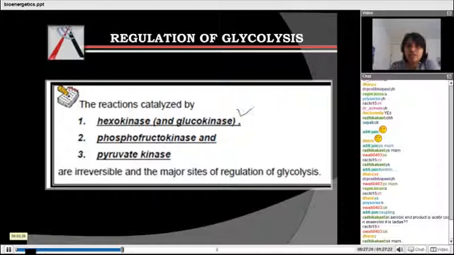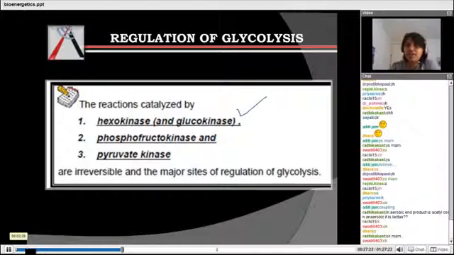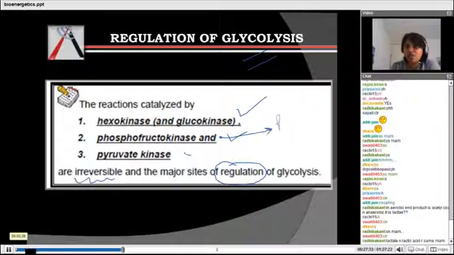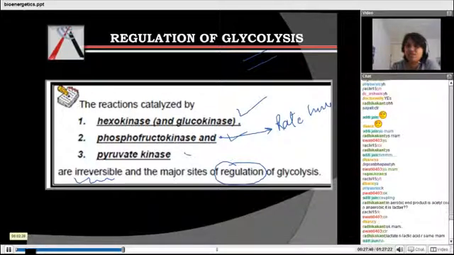This is again what we have already seen. The reaction is catalyzed by hexokinase. These are the major sites of regulation of glycolysis. They are the irreversible steps, out of which phosphofructokinase is the rate limiting step. Yes, you can consider them the same, because lactate is the one that gives rise to the lactic acid accumulation, we call it.